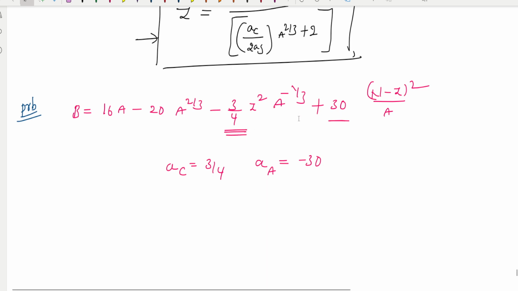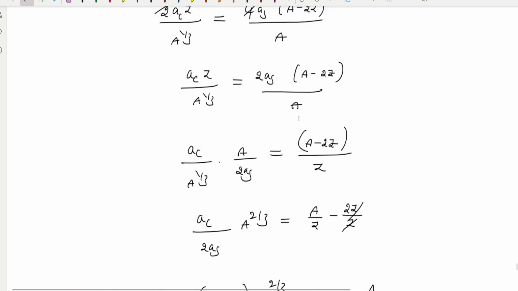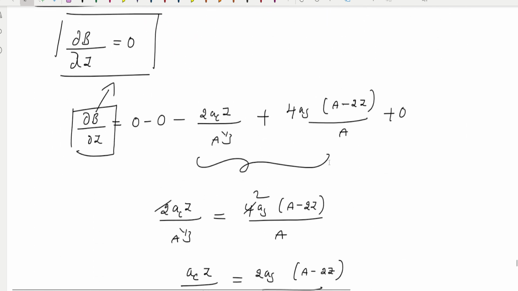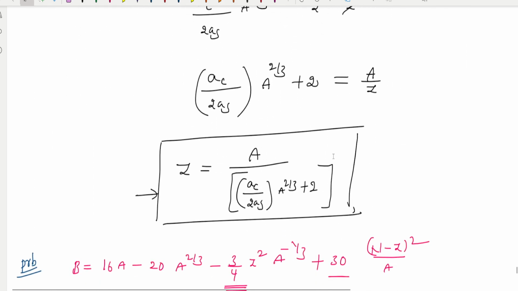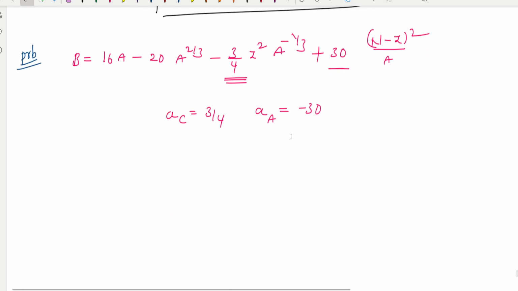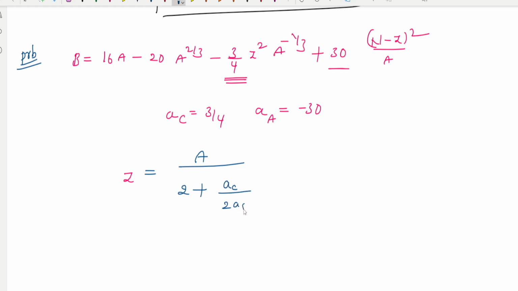For that we need to compare our well-known binding energy formula and the given binding energy formula. Therefore, we can easily find these terms: Coulomb term, asymmetric term, pairing term. The formula is Z equal to A divided by 2 plus ac (Coulomb energy) over as (asymmetric energy) into A power 2 by 3.